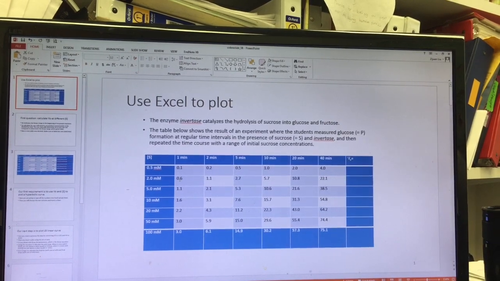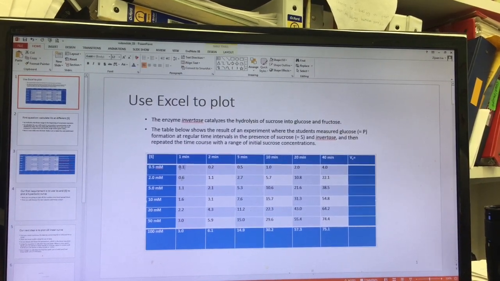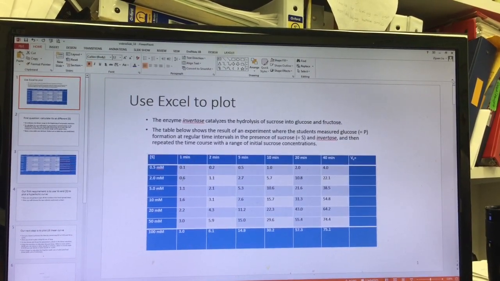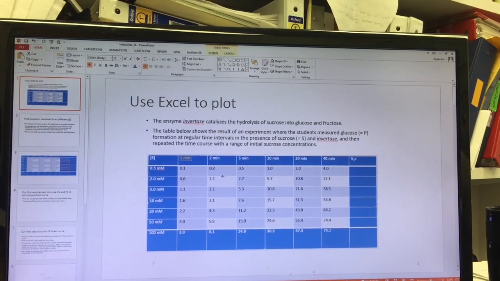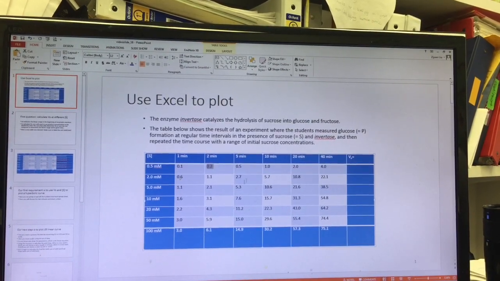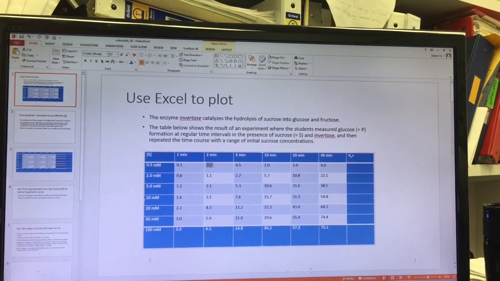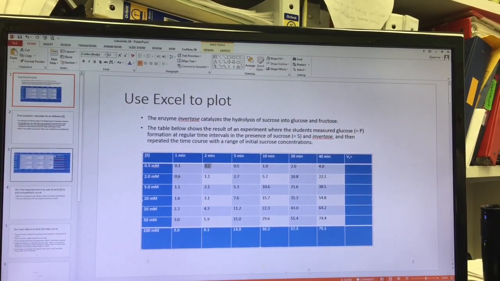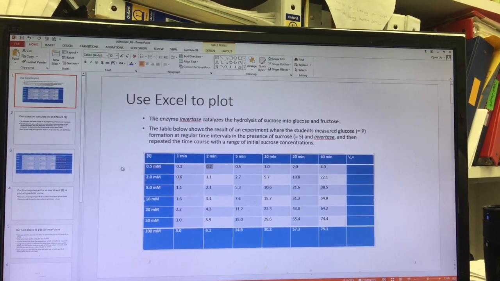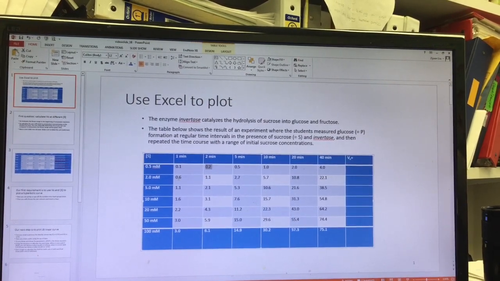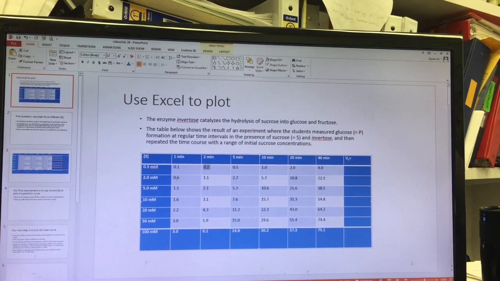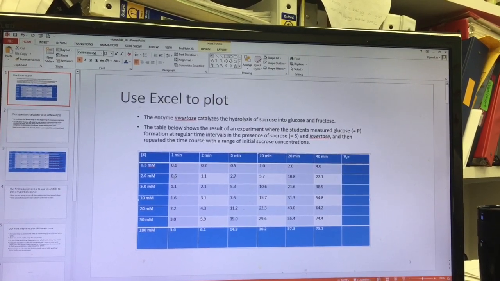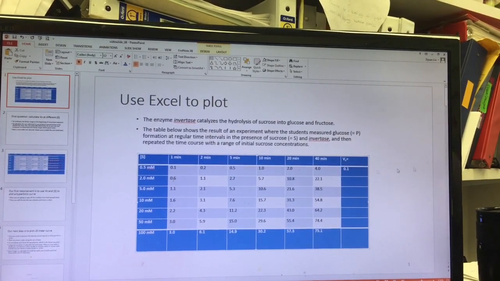Calculating the initial velocity, we'd have 0.1 divided by 1 minute, which would be 0.1. If we keep going down this chart, we'll notice 0.2 divided by 2, and so on. All of these values equal 0.1. So our initial velocity for the substrate concentration of 0.5 millimolar is going to be 0.1.